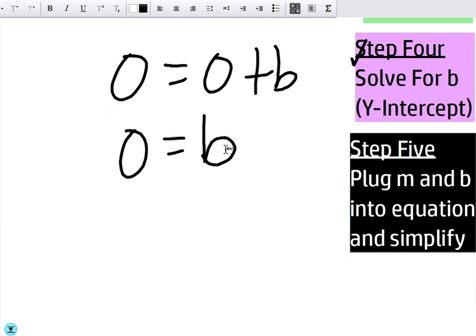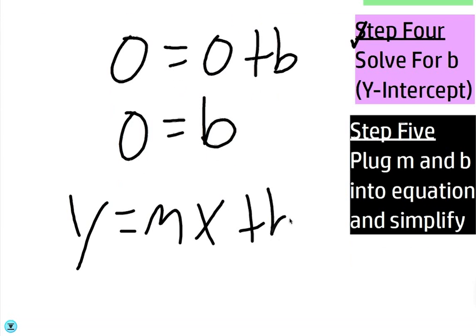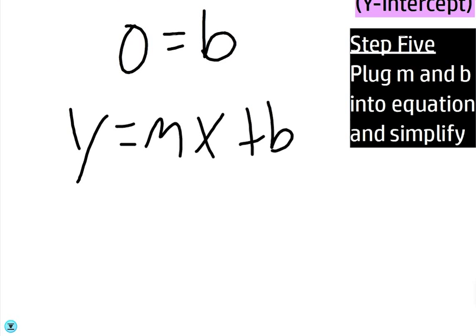So once we plug this back into y equals mx plus b, we need to simplify it. Again, you're only plugging in the slope and the y-intercept. You're not plugging in anything for x. That used to confuse me too. But we only plug in for m and b because we wanted a general equation that covers all points, where you can plug anything in for x.